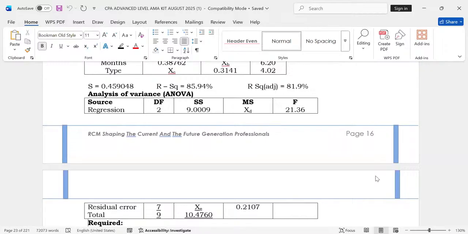So now we have our variances in form of mean sum squares.